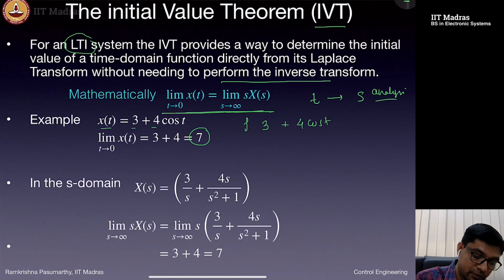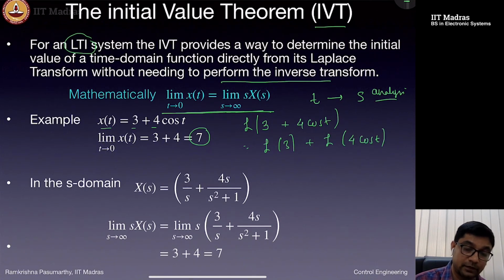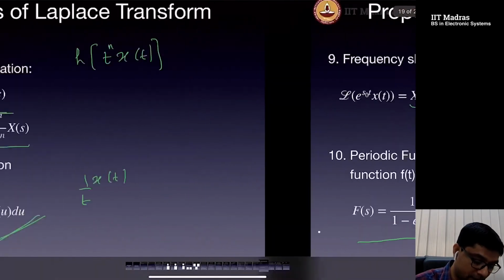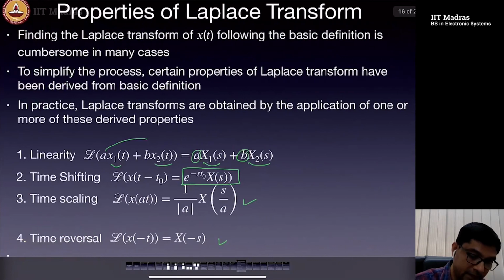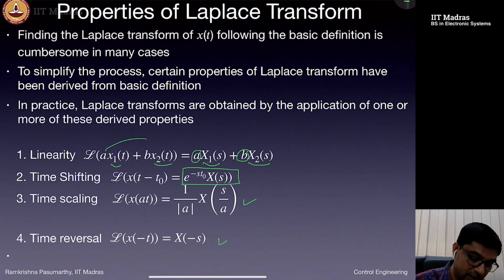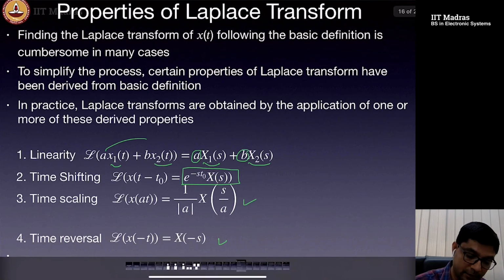So the Laplace transform of this will be the Laplace transform of 3 plus the Laplace transform of 4 times cos t. Look at the first property of Laplace transform that we are using. That is the linearity. a x1 of t plus b x2 of t is just a X1 of s plus b X2 of s.